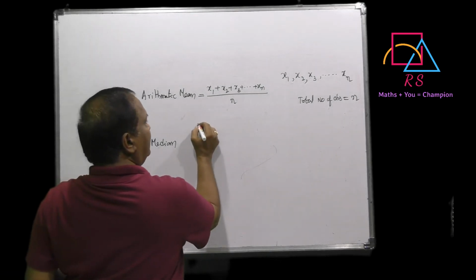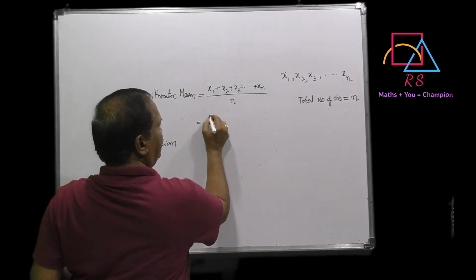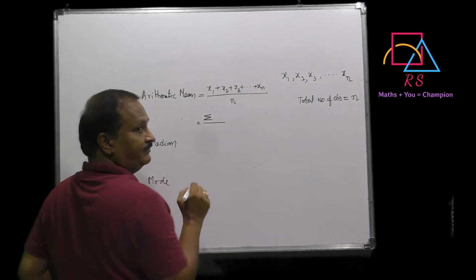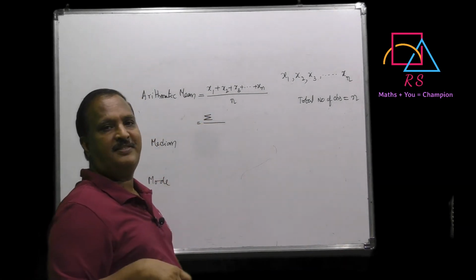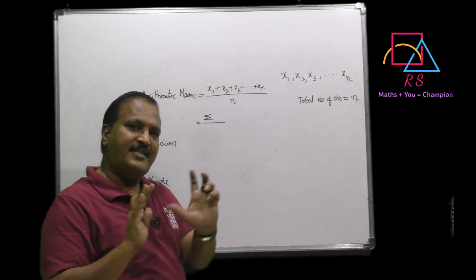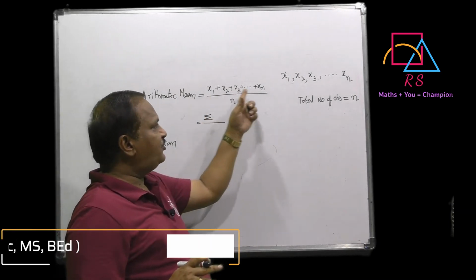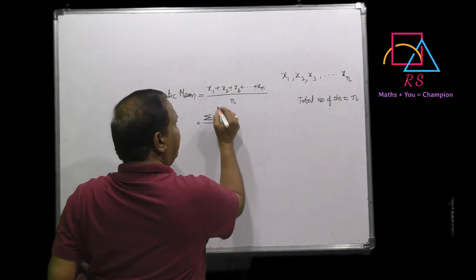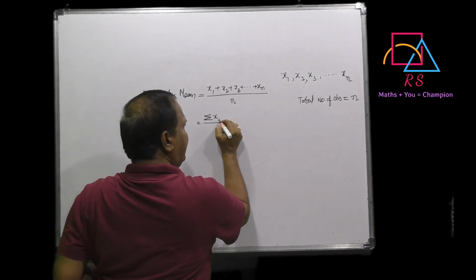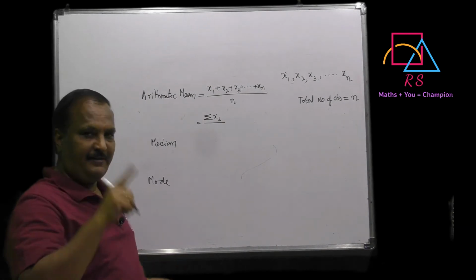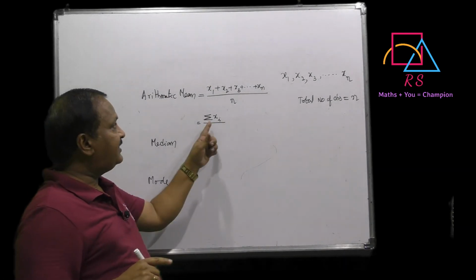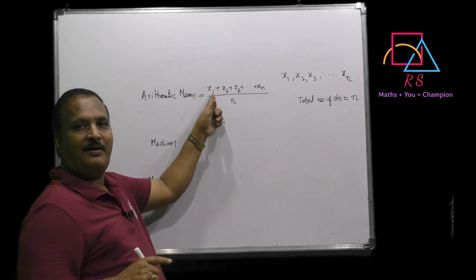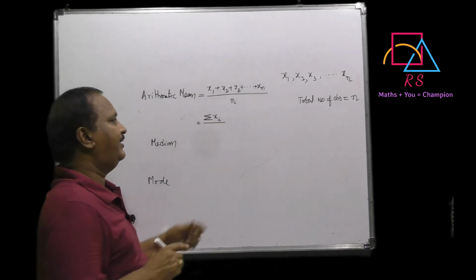You can use sigma also. We use sigma because we are all using computers. Sigma is used for sum. Instead of writing so many, we will write only one x. 1, 2, 3 is repeating, that is i, xi. So this i starts from 1 and ends at n.